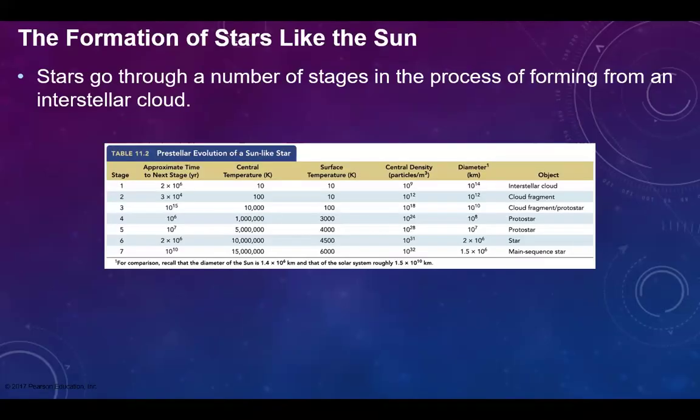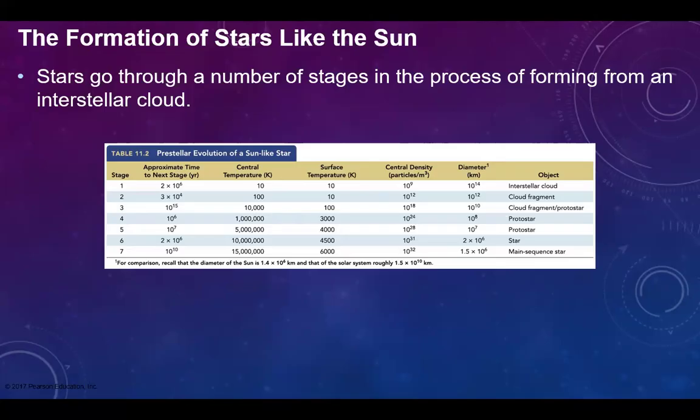So here's sort of the stages in the formation of a star. You start as an interstellar cloud. That cloud starts to collapse, and it fragments. So the relevant unit is then a cloud fragment. Then as the cloud continues to collapse and the central temperature gets hotter, and the size gets smaller, and these are time in years for things, you get a protostar.